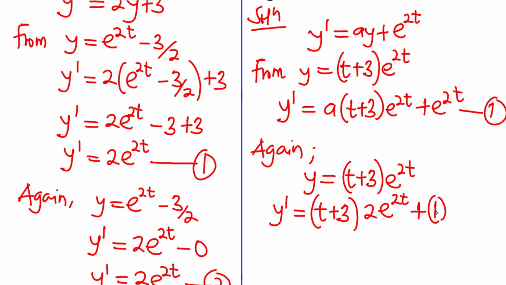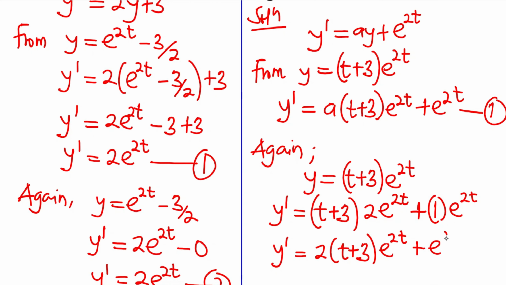Now 1 multiplies e^(2t) maintained, so our y prime is equal to, since multiplication is commutative, we can rewrite this as 2 multiplied by (t + 3) e^(2t), plus e^(2t). So we can now call this equation 2.